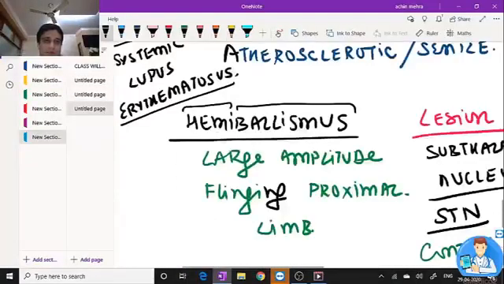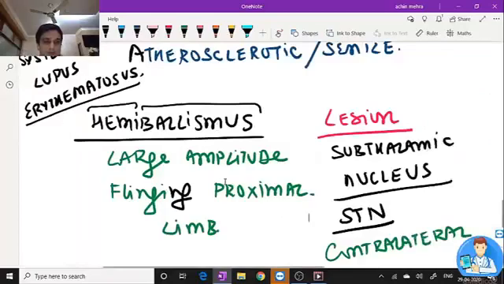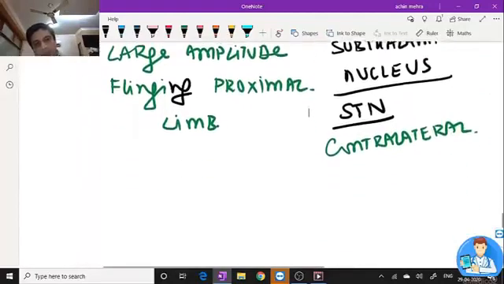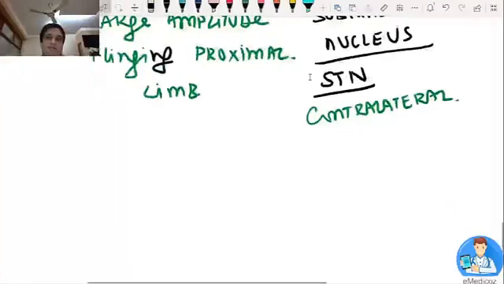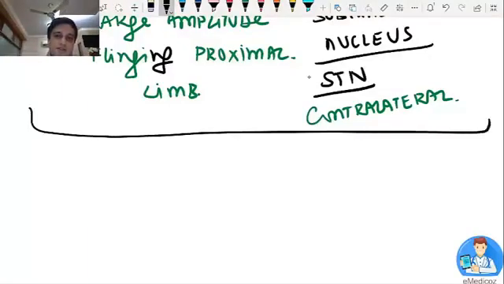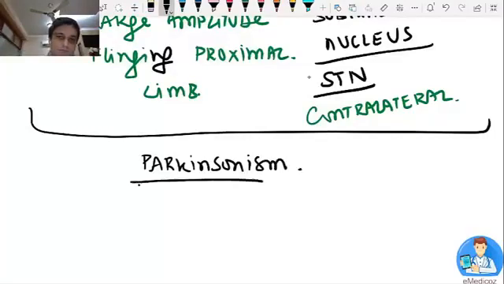So that's simple. Now let's move into the disease proper, Parkinsonism. Why does it happen and what are the problems seen in these patients? It's a very important topic because the father of all movement disorders is considered to be Parkinsonism.